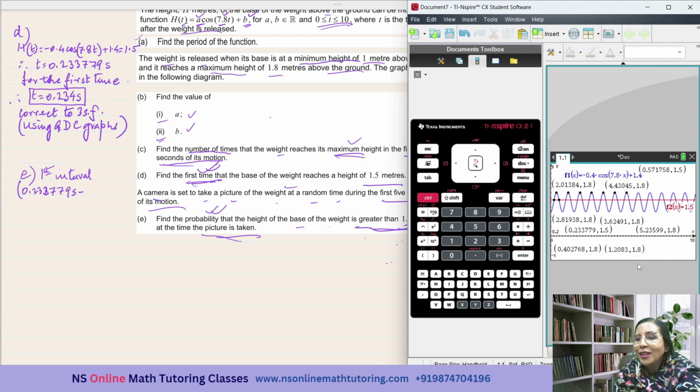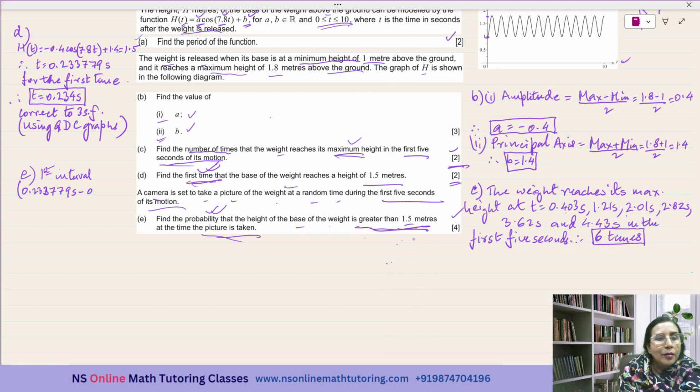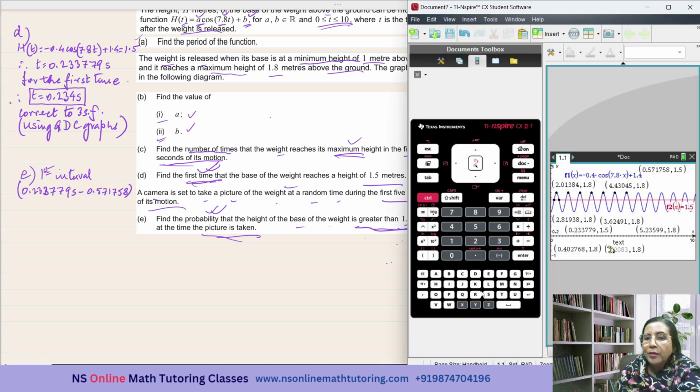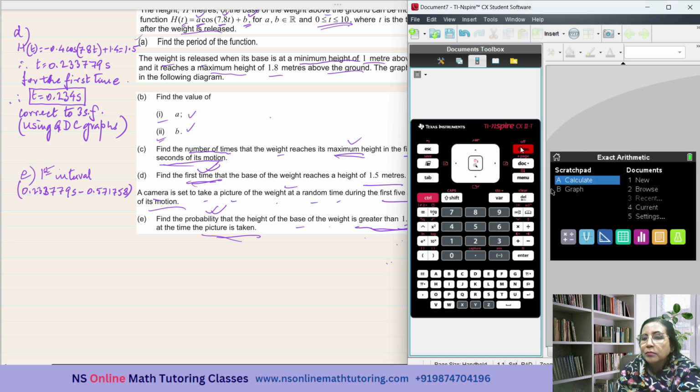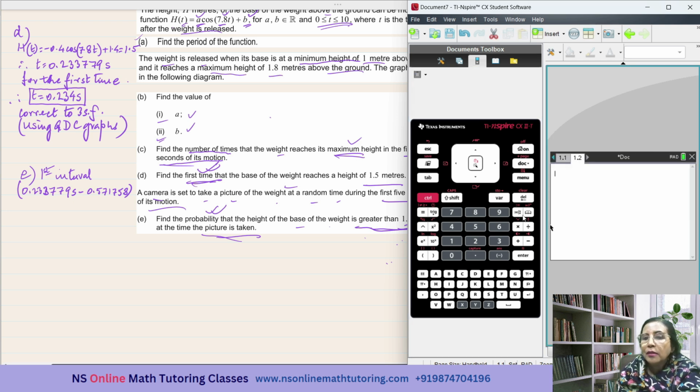There are so many coordinates. Okay, it is 0.571758. Let me go to the calculator.